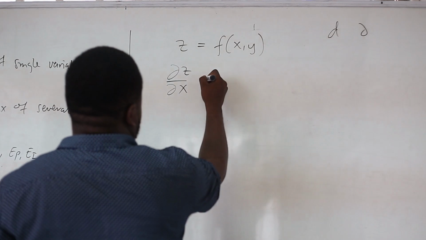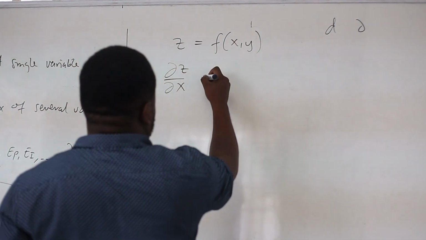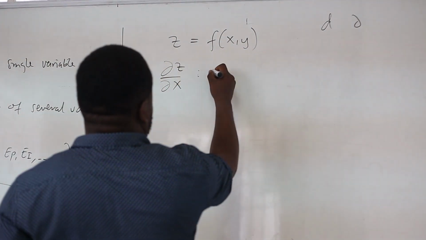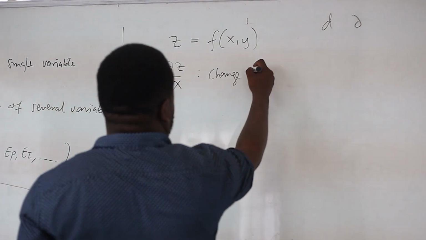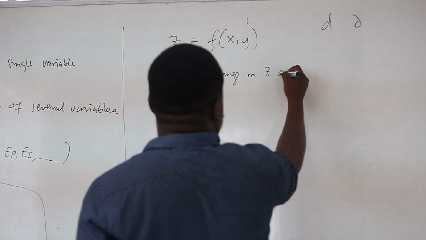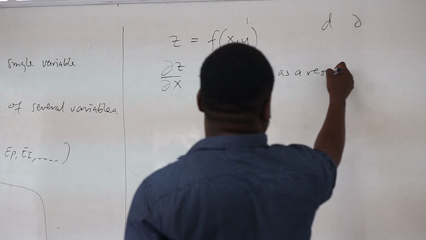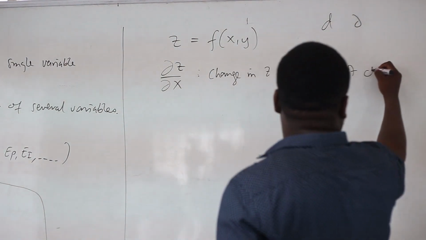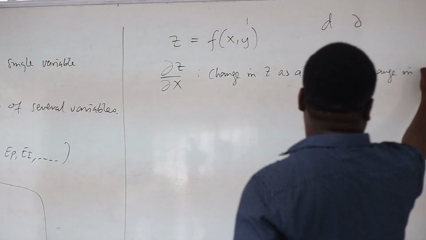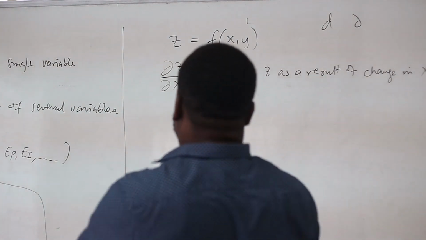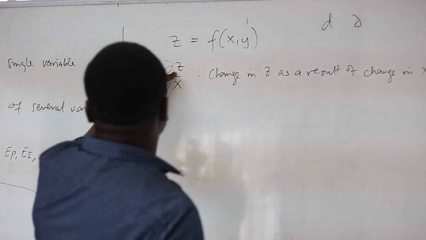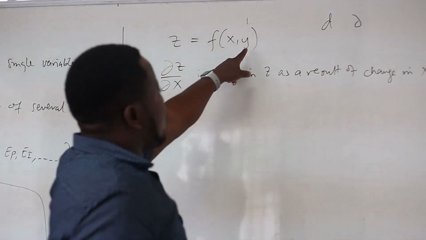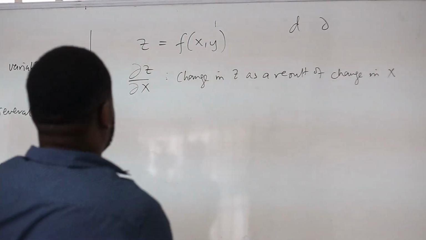This is the change in z as a result of change in x. When I define change in z as a result of change in x, we hold y constant.